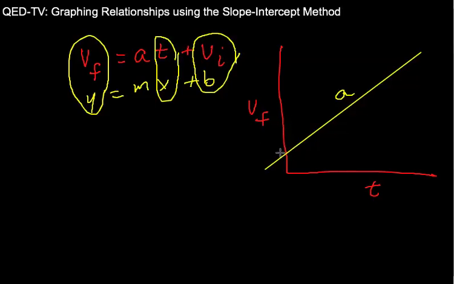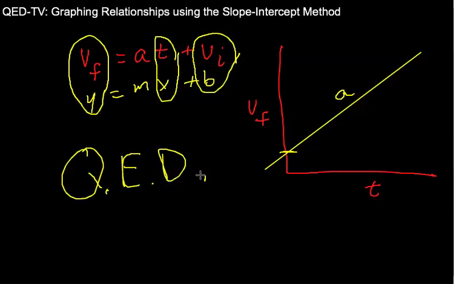So right here on the y-axis, I have the initial velocity that I would be going. Hopefully that makes sense. That's kind of what we always do in physics. We try to take different physics laws and rearrange them so we can put them into a y equals mx plus b format, and then we know what to graph on the y and what we should do on the x. So I hope that helps you understand how we graph relationships using the slope-intercept method.